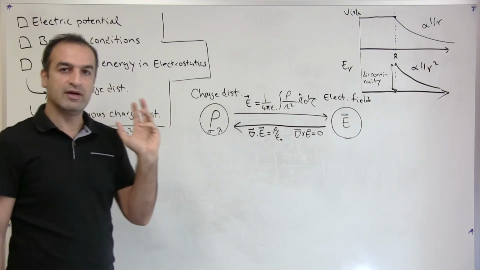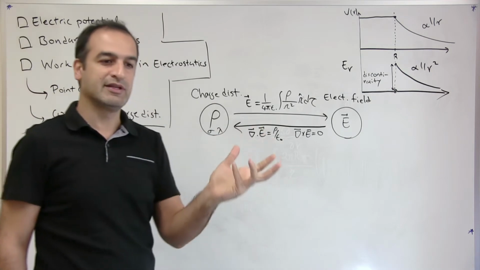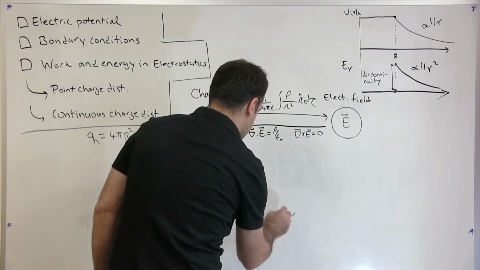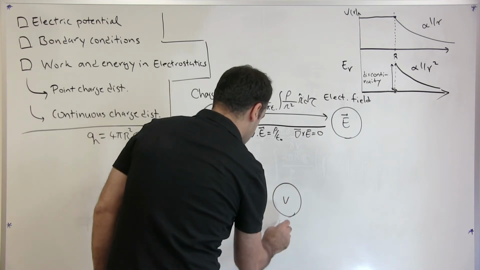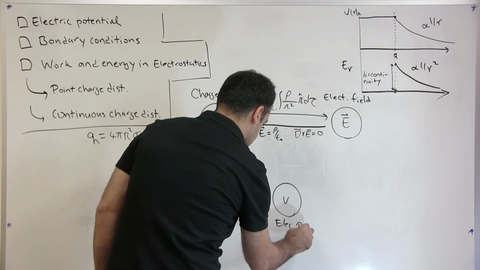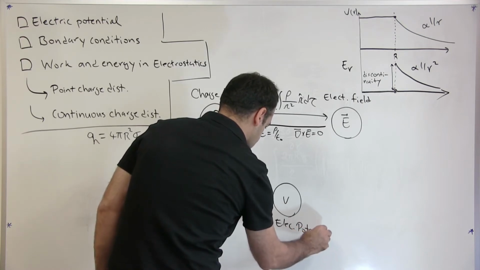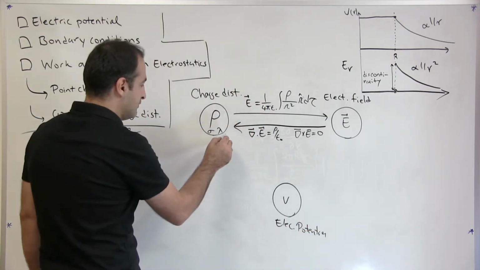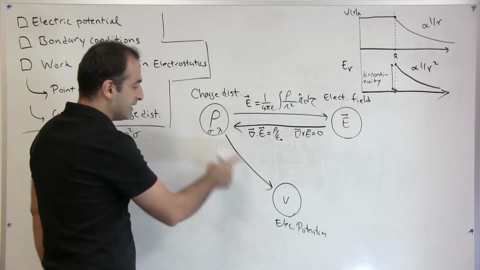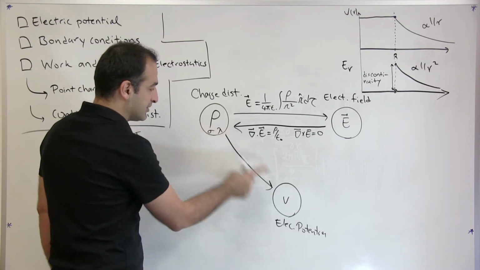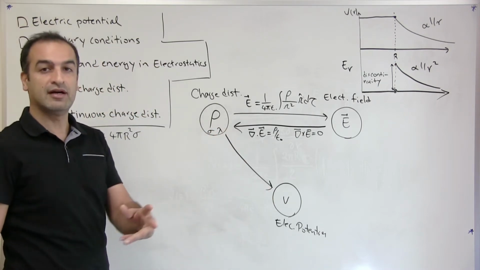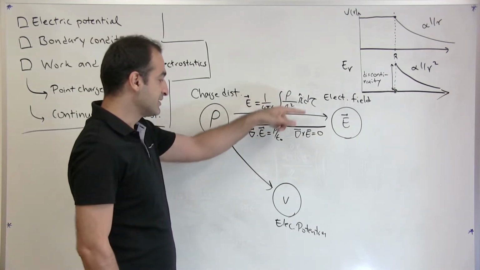So what is electric potential? Electric potential is a way that a lot of times helps us. It helps us move from charge distribution to electric potential, which a lot of times is much easier than doing this integral.